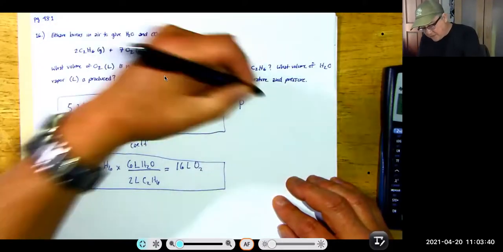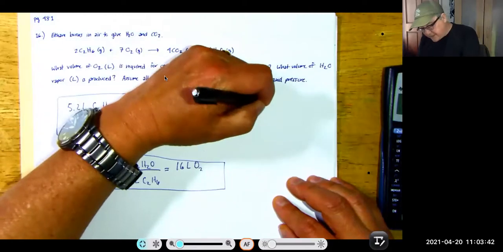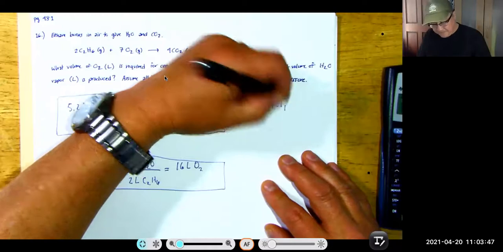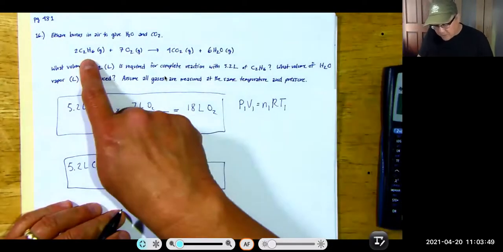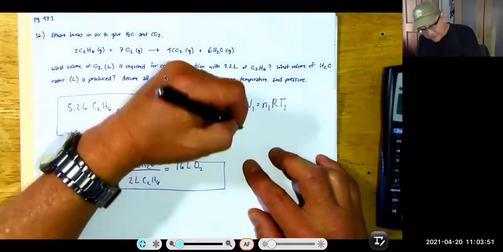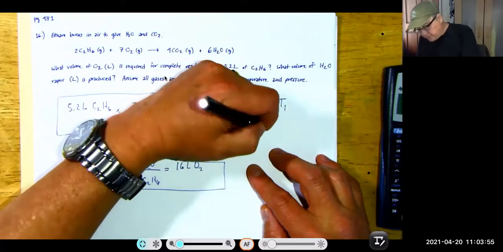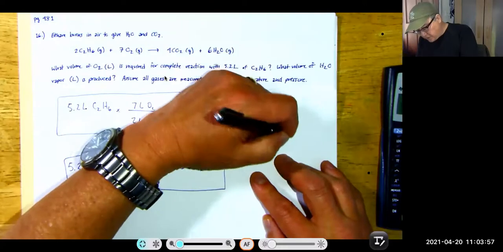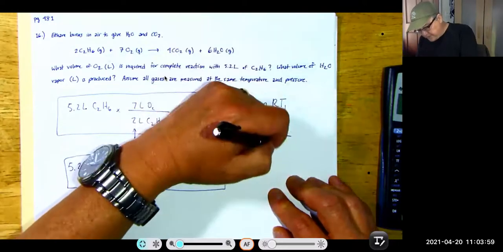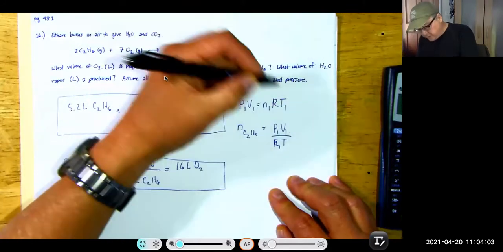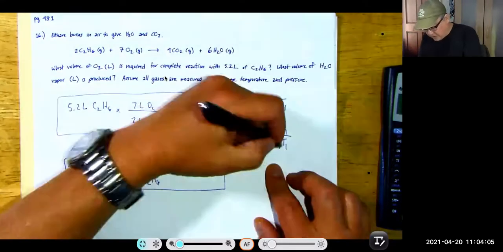P1V1 is equal to N1RT1, right? So here, when we look at this, if we want the moles of gas, the moles of C2H6 would be equal to P1V1 over RT1.